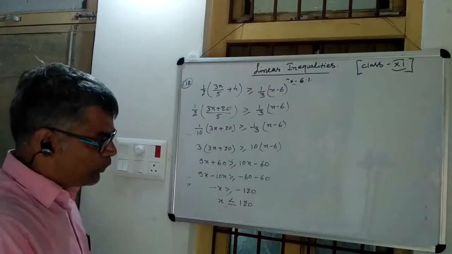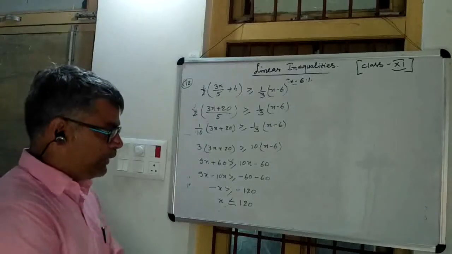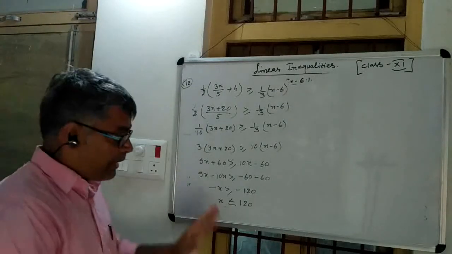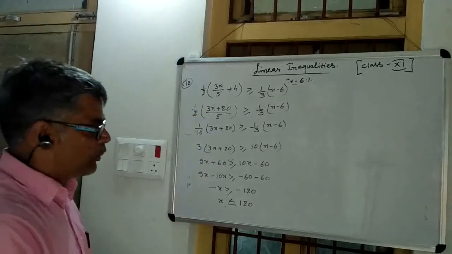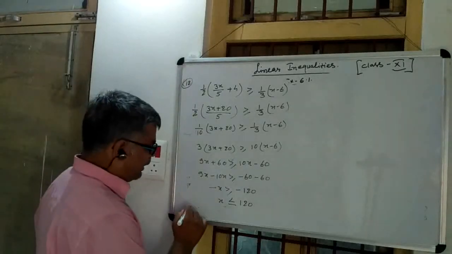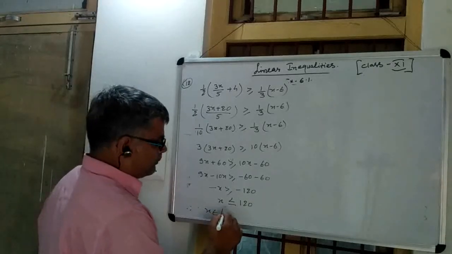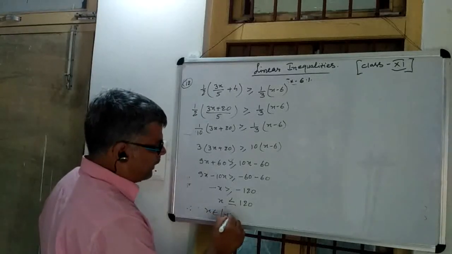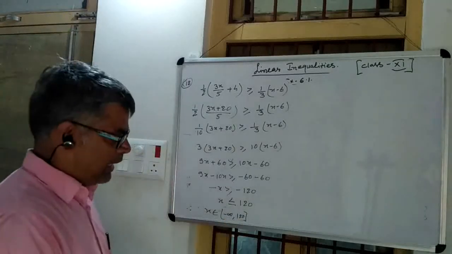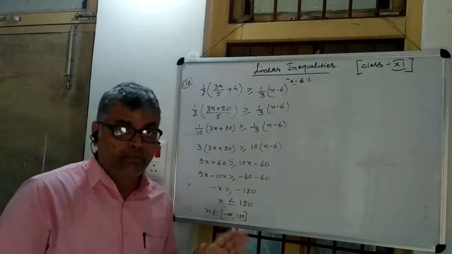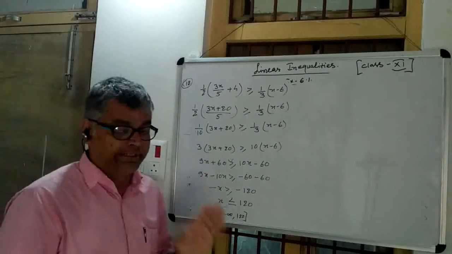It means all those real numbers for which the value of x is less than or equal to 120 are the solution. Therefore, x belongs to minus infinity to 120 closed interval. Left side open and right side closed because 120 is also included in it.